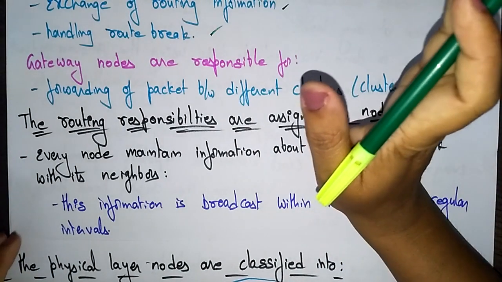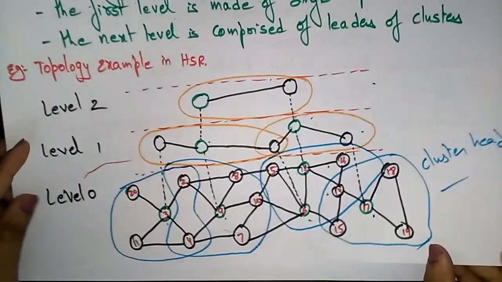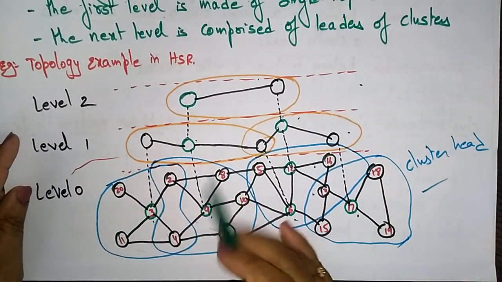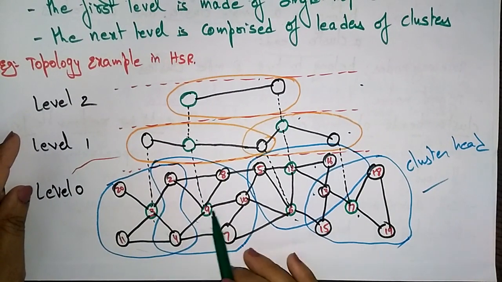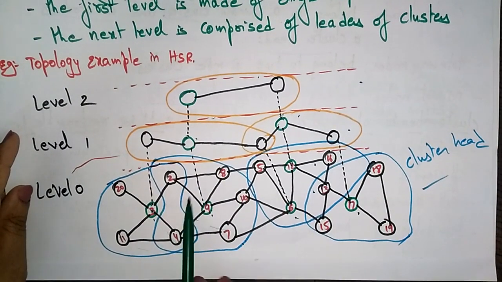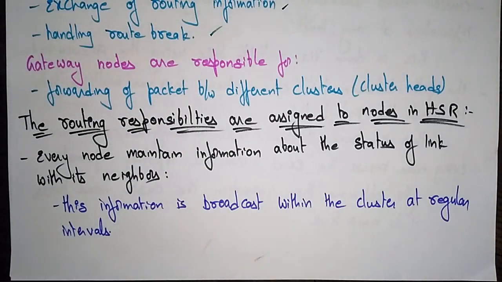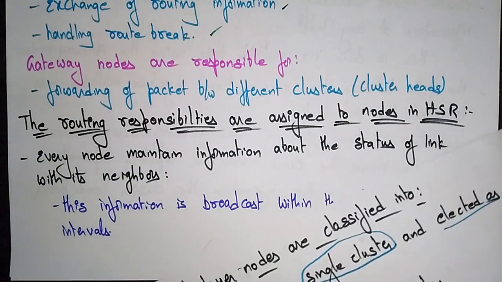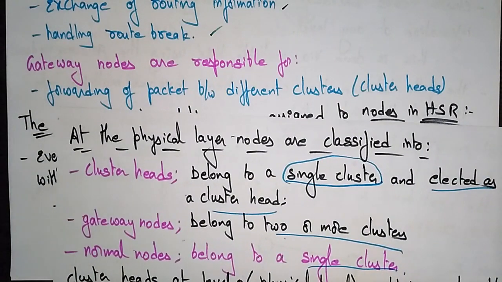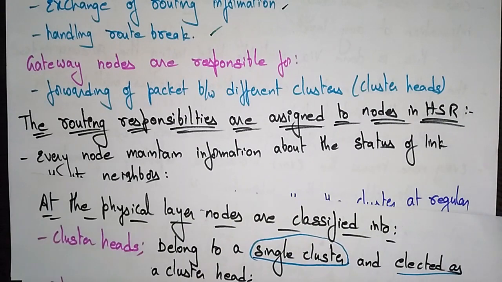The main difference in this hierarchy is that for each cluster there is one cluster head. They maintain the neighboring nodes' information. So whenever there is a route break to handle, or routing information to exchange, or scheduling of packets, all of it can be done by the cluster heads.